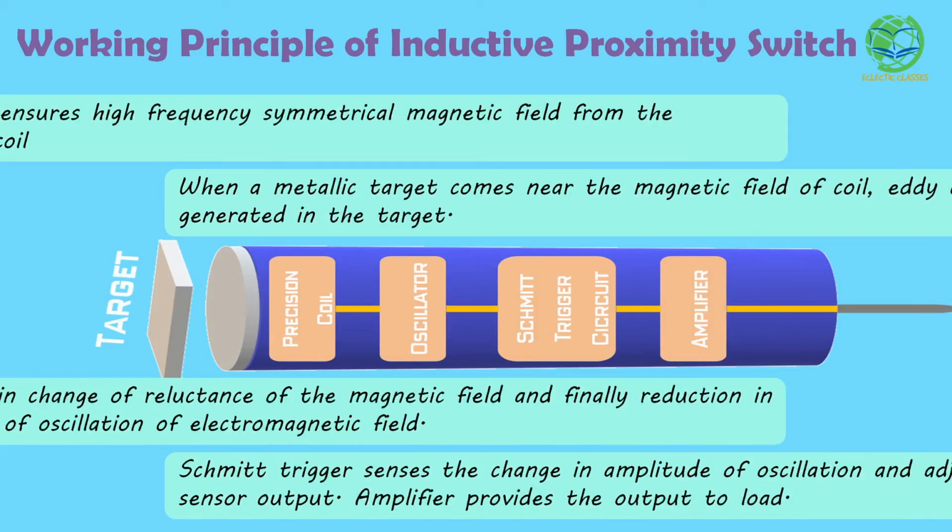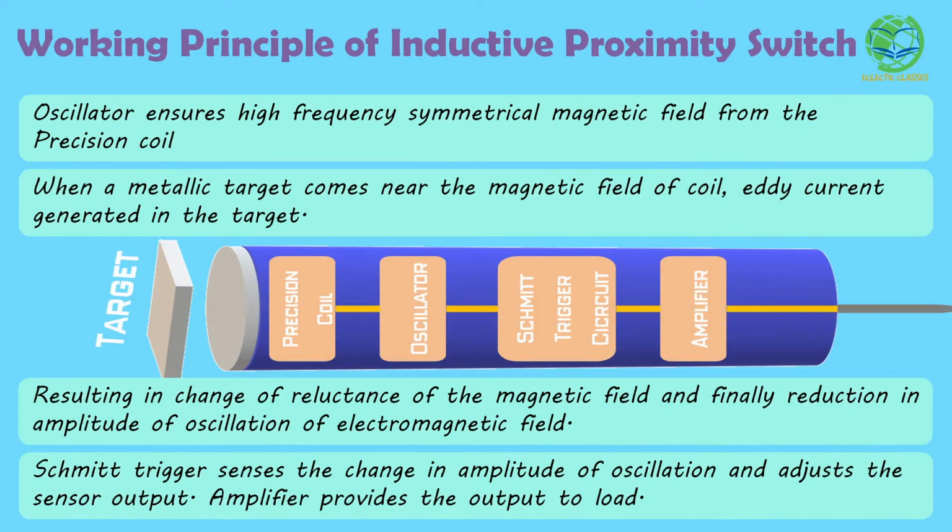The working of an inductive proximity switch can be explained as follows. The oscillator ensures that a high frequency symmetrical magnetic field is generated from the precision coil. Whenever a metallic target object comes near the magnetic field of the coil, an eddy current will be generated in the target object, resulting in a change in the reluctance of the magnetic field.